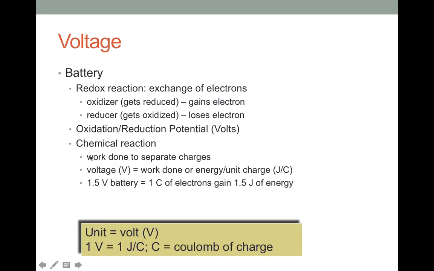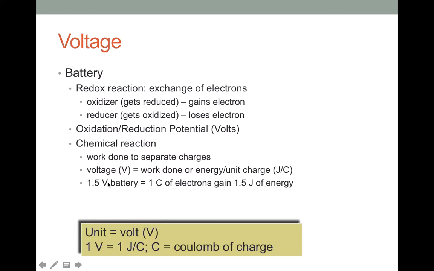Another way to describe the exact same thing is that the chemical reaction effectively is doing work to separate charge, to take charge away from one atom and put it on another atom. That work is what produces a voltage. Now, a voltage is actually not directly work, it is actually work per unit charge.